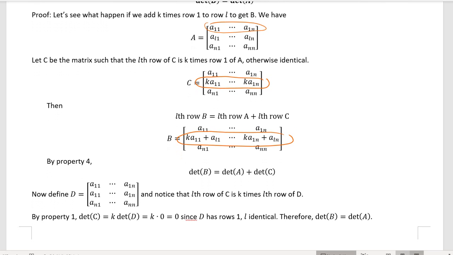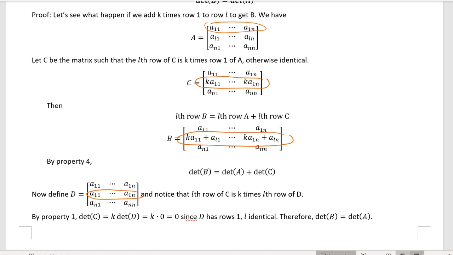Now define D to be the following, where you replace row L of A with the first row of A. Notice that row L of C is k times row L of D. So by property 1, the determinant of C is k times the determinant of D. And the determinant of D is 0 because two rows are identical.